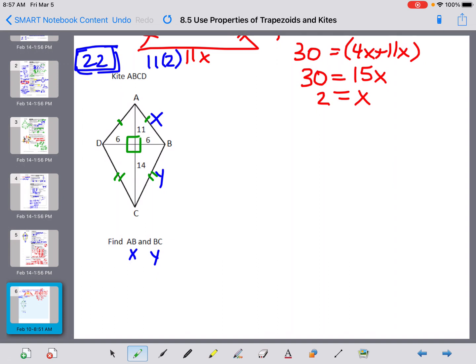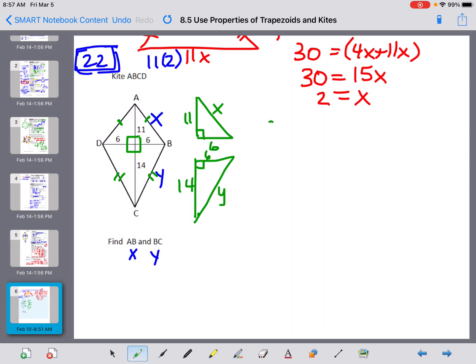Diagonals are perpendicular. When I put my right angles in, up here, I see a nice right triangle that has a 6 and an 11 and an x. And down here on the bottom, I see a nice right triangle that has a 6, a 14, and a y. Makes Mr. Pythagoras excited, right? I have right triangles. I can solve for missing side lengths.